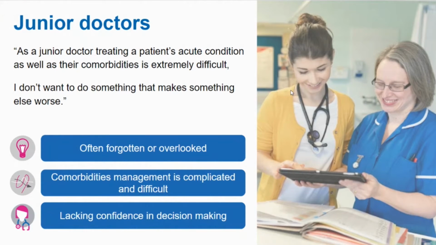And we interviewed junior doctors, did focus groups amongst them, and they are worried about treating patients with comorbidities. They find it difficult. They worry they'll treat something which will make something else worse. They worry comorbidities could be neglected or overlooked.